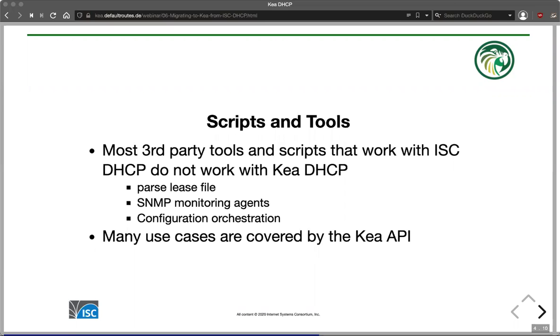When you do a migration and you use any of these third-party tools, check if the same functionality exists for Kea. It might already exist, just in a different place than the ISC DHCP stuff. And also many use cases can be covered by the Kea APIs. Things that had to be done quite manually with ISC DHCP are now quite easy with the API.